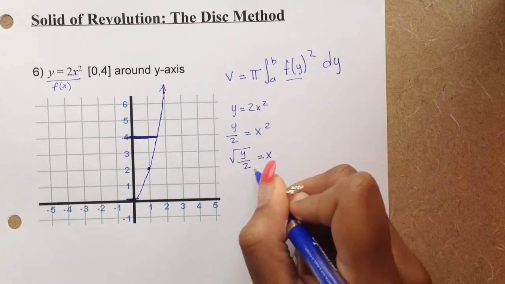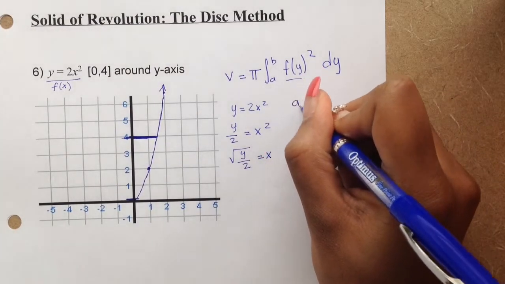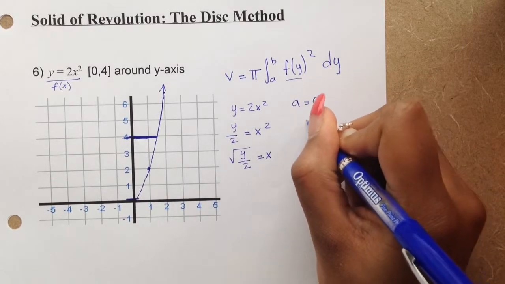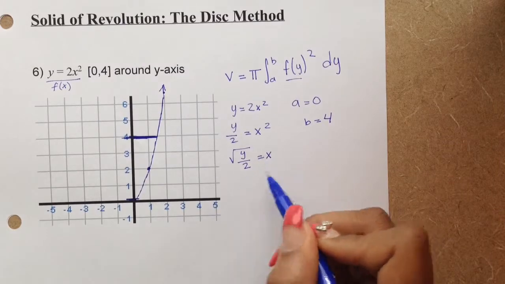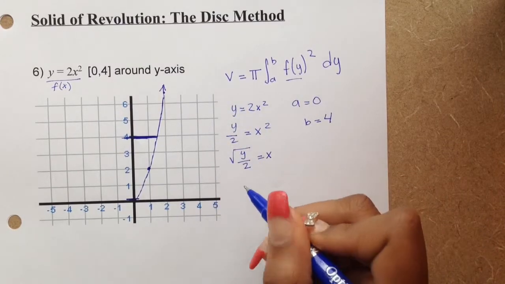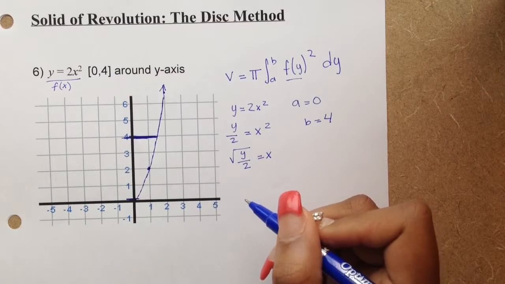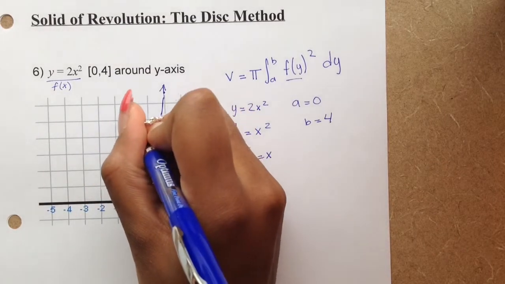And this is now the f of y function. And we know that a equals 0 and b equals 4. So now that we have this information, we can just plug that straight into the formula after we do the 3D solid formed by rotating it around the y-axis.